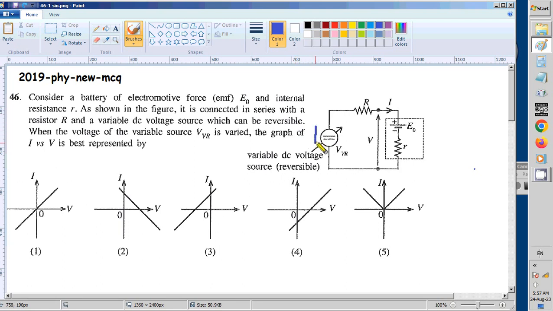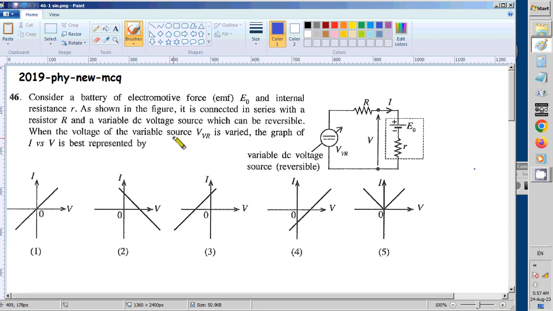They have used a variable voltage source, that means a power supply which can be reversible. Reversible means you can change polarities, say initially like this, and you can change the positive to negative and negative to positive like this.